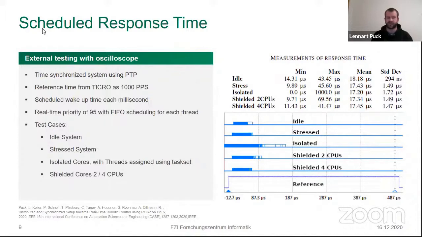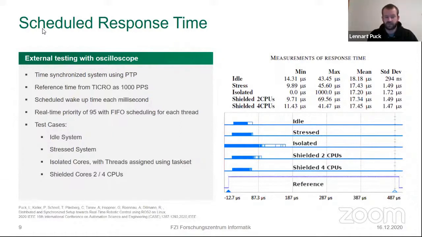And we use the time from the TICRO, so from the PTP Grandmaster, as our reference time, and we pulsed with 1,000 pulses per second, which is basically that we want to run our nodes at 1 kilohertz. And therefore the aim was that at each new millisecond, our node should respond as fast as possible.